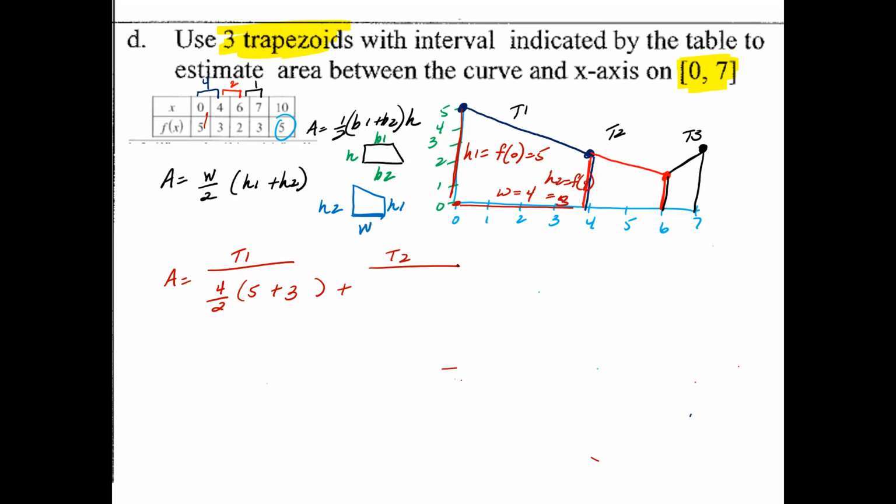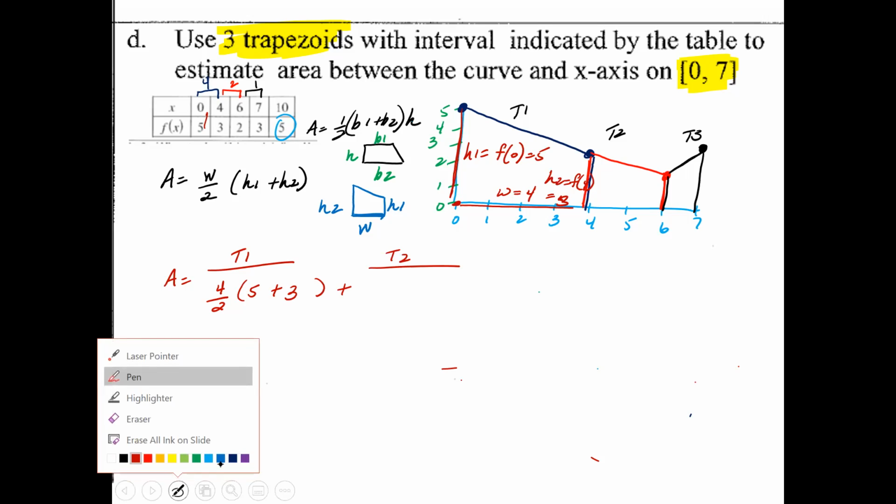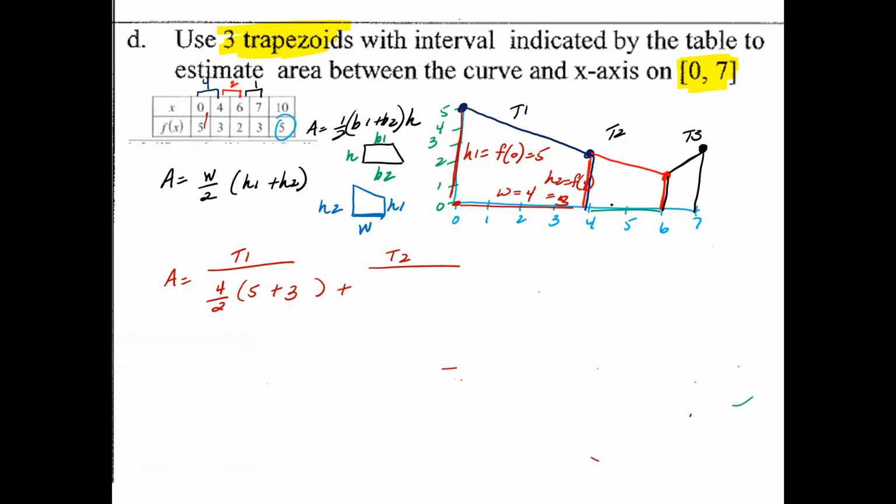Plus trapezoid 2. Here's my second trapezoid. Okay, my width is between 4 to 6, that's a 2. Base 1, or I'm sorry, height 1 is the same thing as height 2 on the first trapezoid, which is a 3, plus height 2, which is f of 6, and at f of 6, it is a 2, plus trapezoid 3.